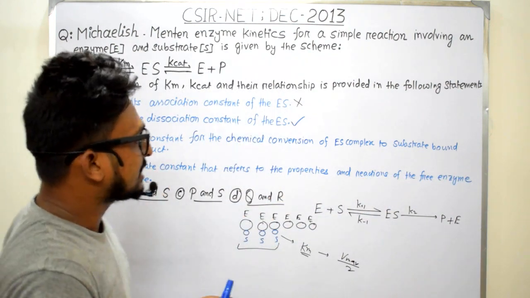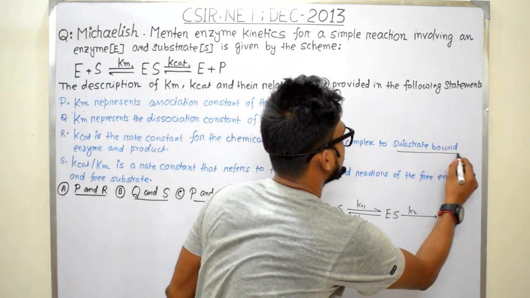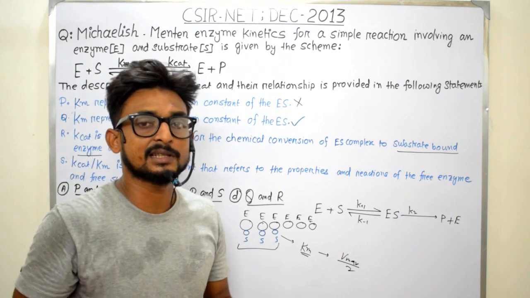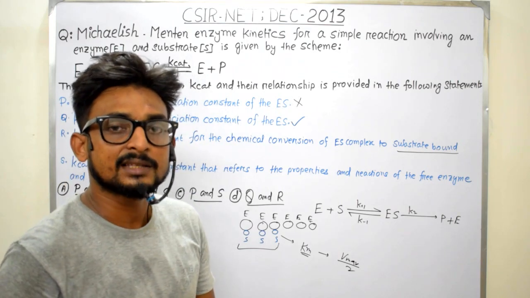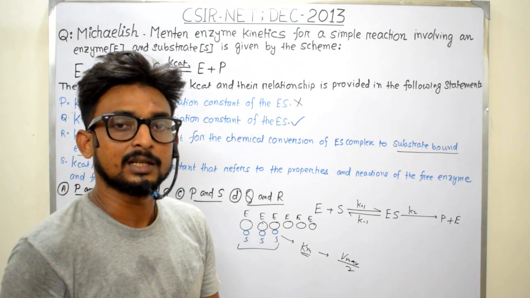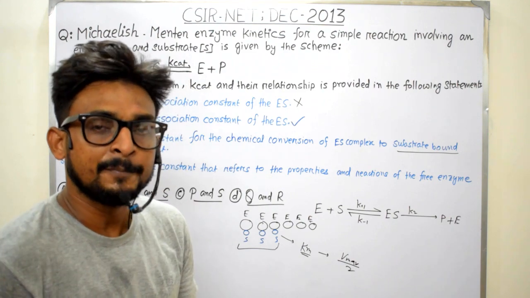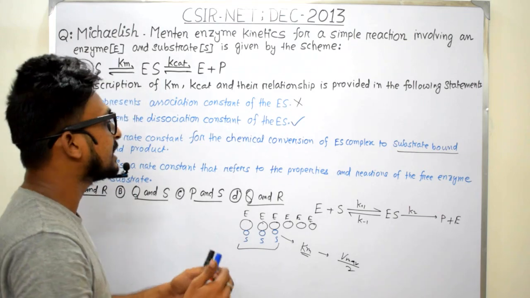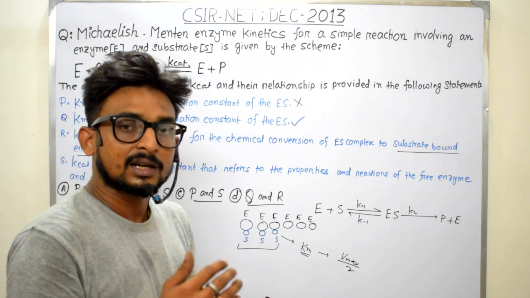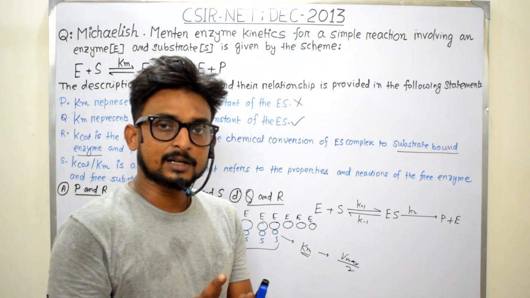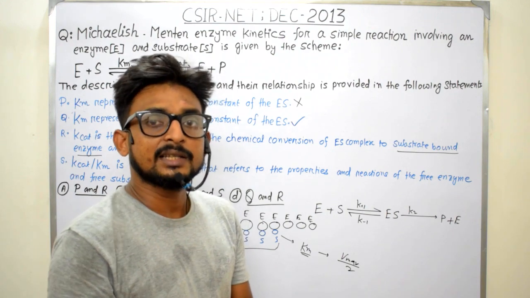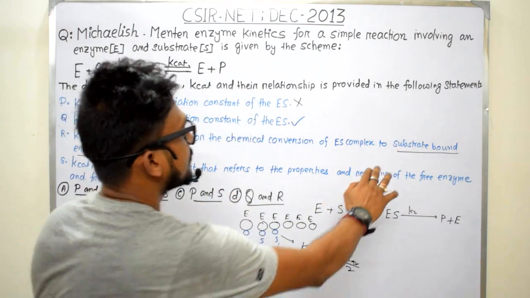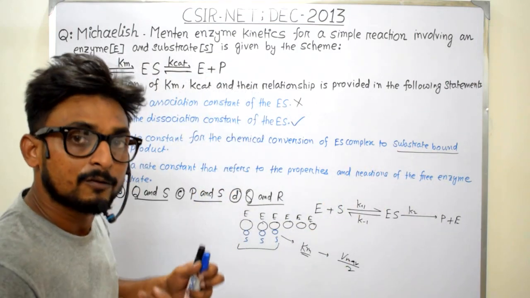So it cannot be the substrate bound enzyme, because Kcat represents the ability of the enzyme, how fast one enzyme is converting how many substrates per time. Actually it is determining the rate by which one active site of the enzyme converts the substrates into the product. So no substrate bound enzyme can be formed.